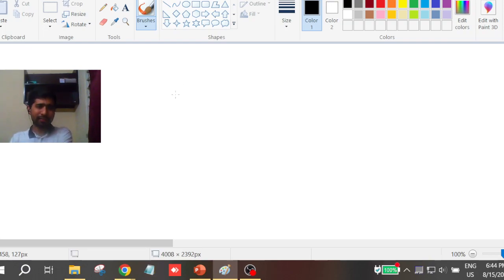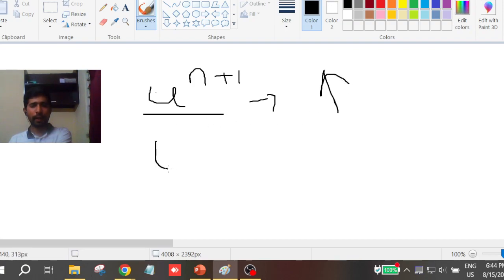Consistency and all, that is fine, but what is more important is stability. I will give more importance to that, because with respect to time, the errors might get accumulated in a scheme, and that might lead to the value of the flow variable at n plus 1 becoming very large as compared to u at n.